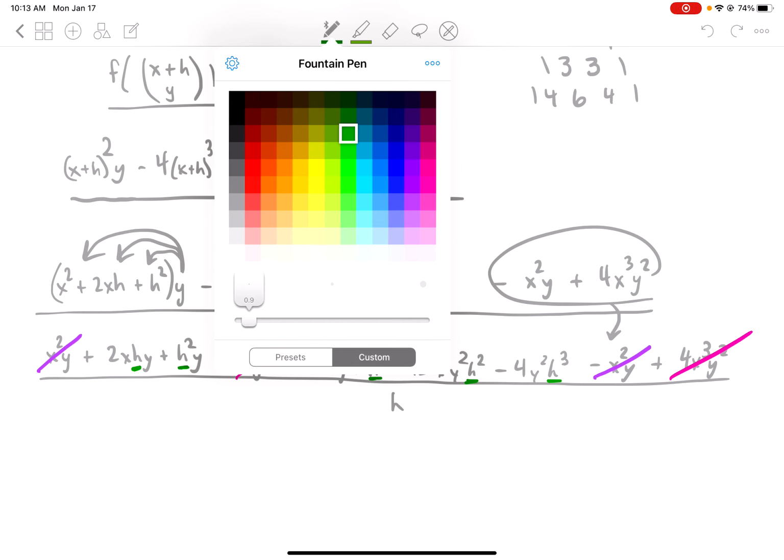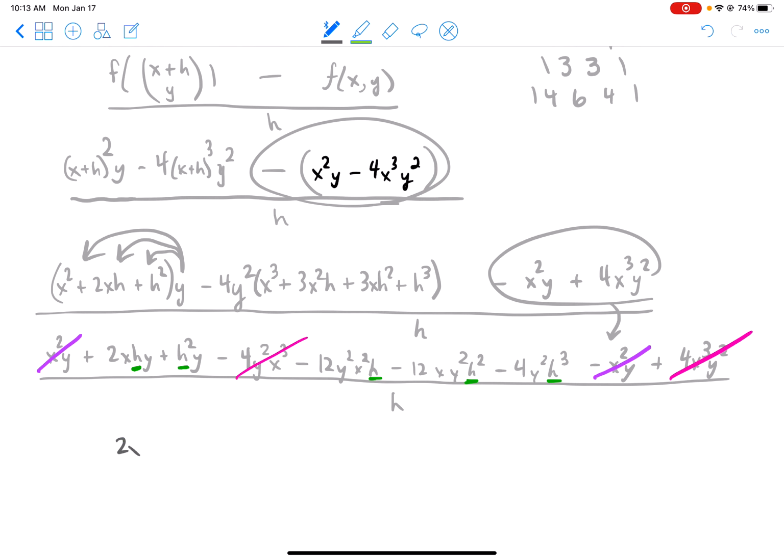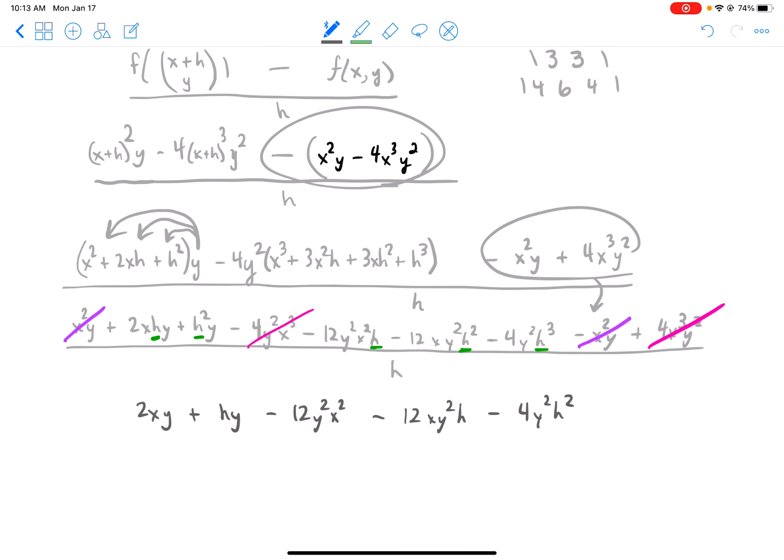What do I have at the end? 2xy plus hy minus 12y squared x squared. The h and the h cancel, so that's a 1. Minus 12xy squared h. The h and the h squared become an h. And now there is no more divide by h. I'm done with that.